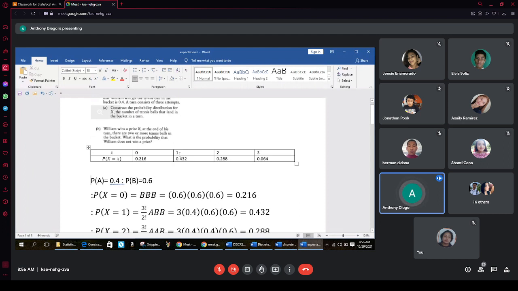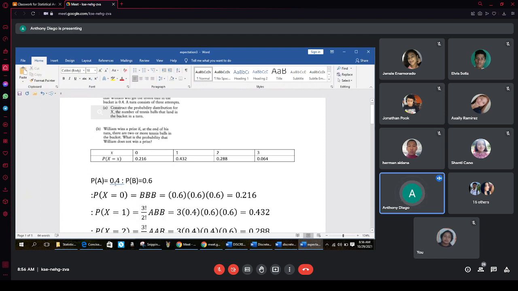He can hit 1, or he can hit 2 of them in the bucket, or he can hit 3 of them, all 3 attempts in the bucket. So the small x takes values 0, 1, 2, 3. Remember, it is 3 attempts. So for those 3 attempts, you can catch none in the bucket, or you can catch 1, or you can catch 2 or all 3.